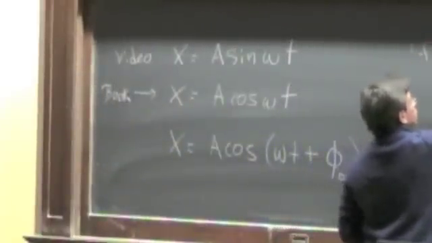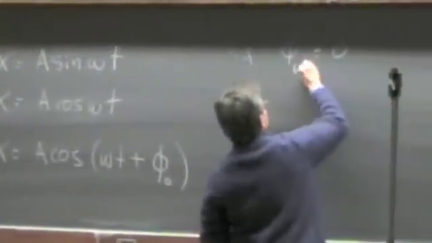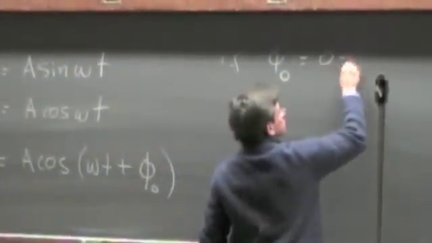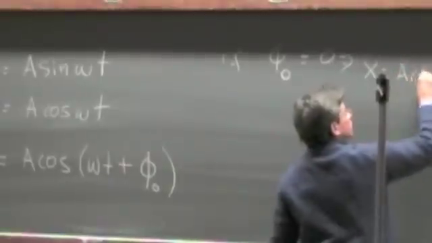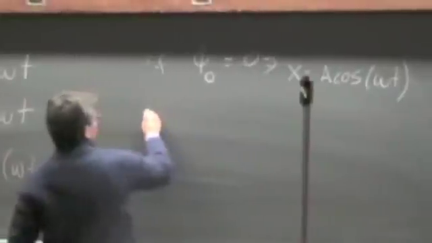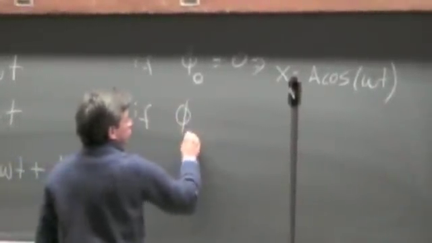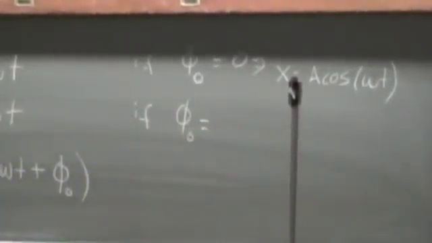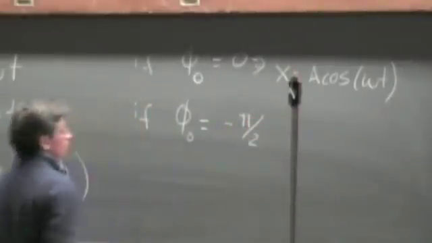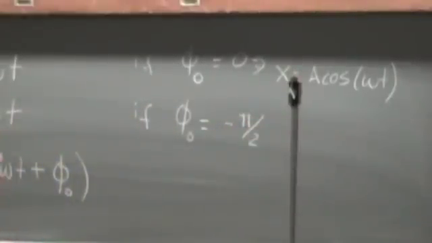If phi 0 was equal to 0, then I'm talking about x being A cosine of omega t, correct? But if I chose phi 0 to be minus pi over 2, then you're back to this. Because the cosine of an angle minus pi over 2 is the sine of the angle, right?